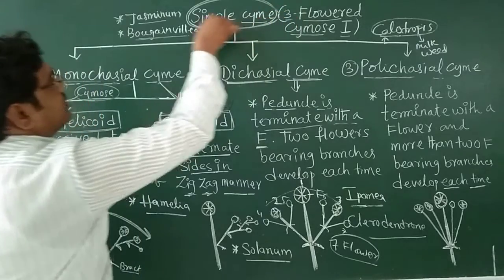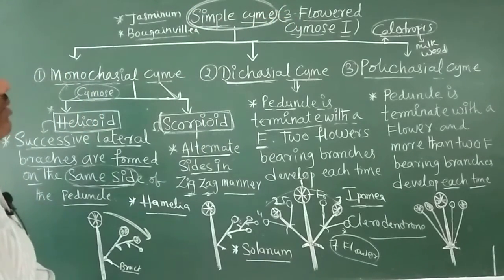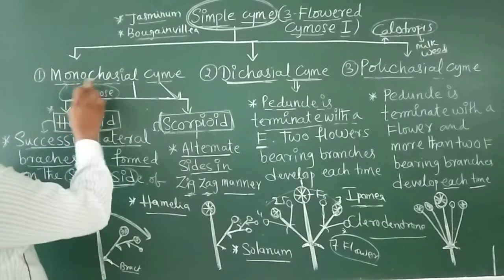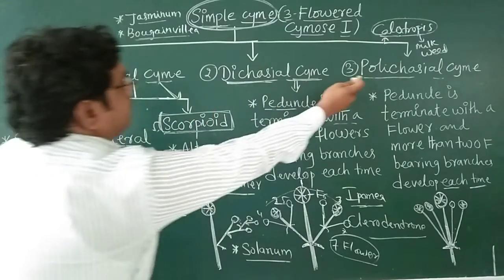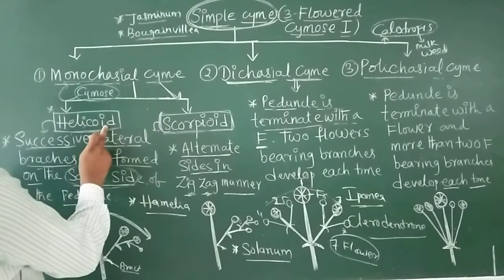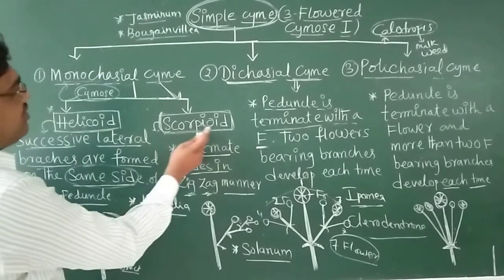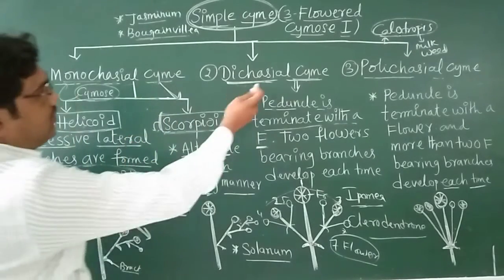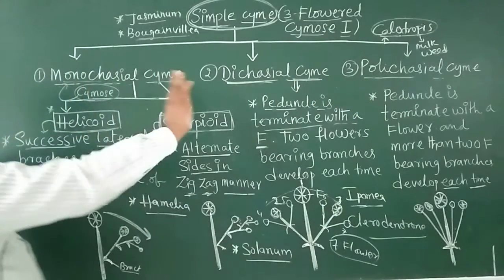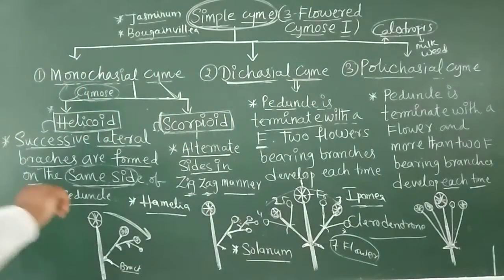In a simple cyme, there are three types: monochasial cyme, dichasial cyme, and polychasial cyme. Monochasial cyme again has two types: helicoid monochasial cyme and scorpioid monochasial cyme. So this is the explanation about the simple cyme, and this is the flow chart about the simple cyme.